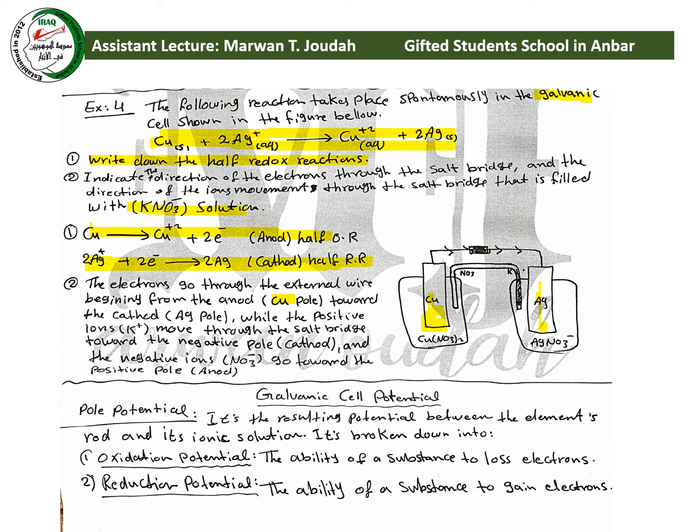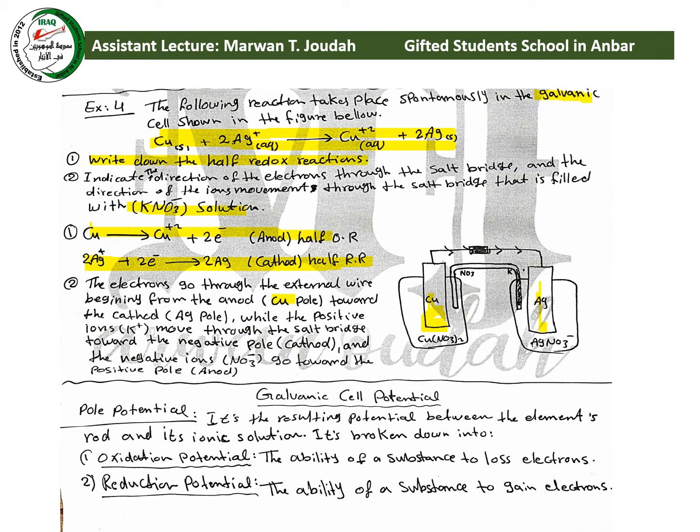Which means that if we have a solution or a salt, there are positive and negative ions. The positive ones go toward the negative pole, and the negative ones go toward the positive pole. Here we have KNO3.